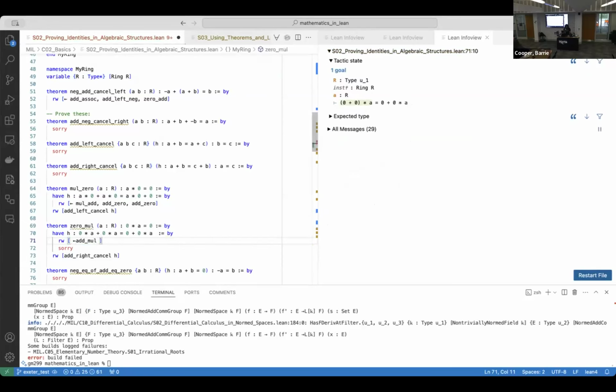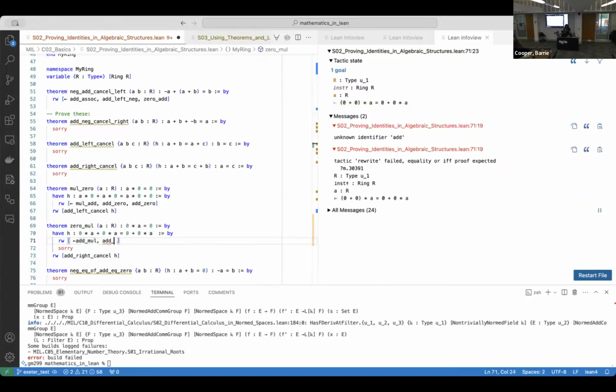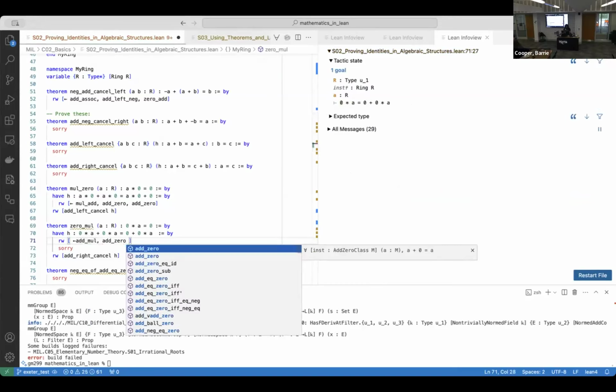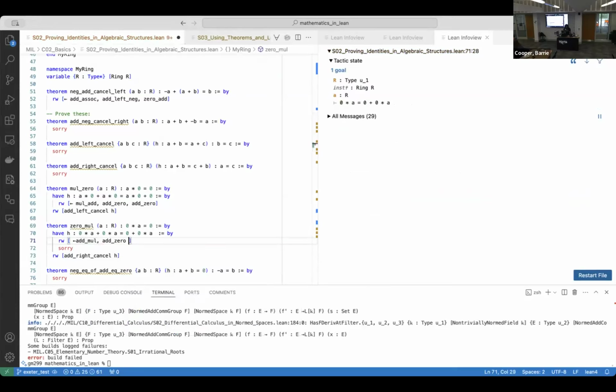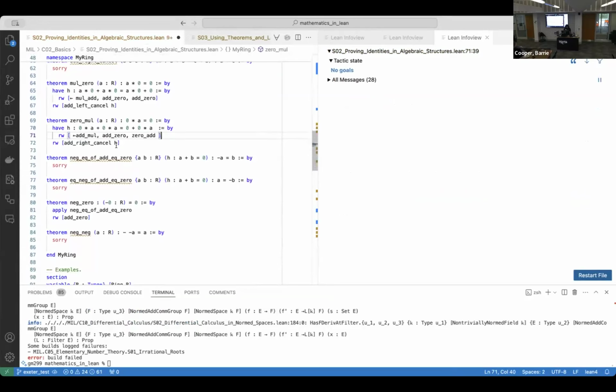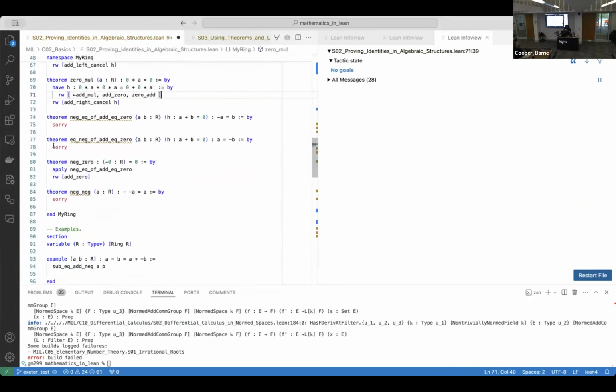Okay, brilliant. So now what do we do? Add 0. And presumably we've already proved zero out. Zero out. Okay, and that's that. Fantastic. Right, so we've seen how to prove auxiliary results.